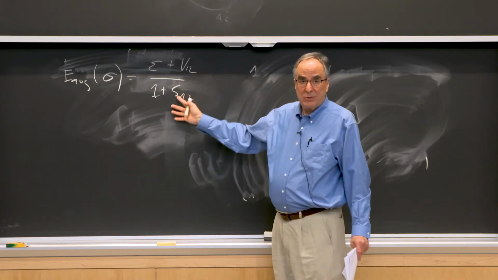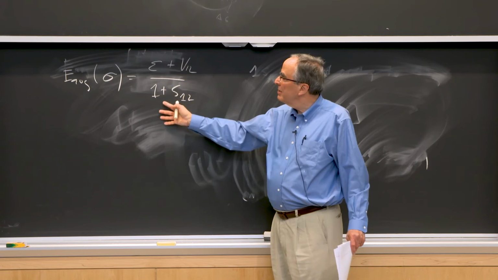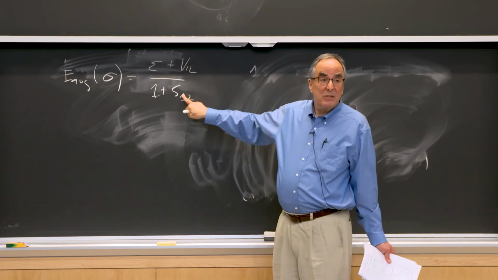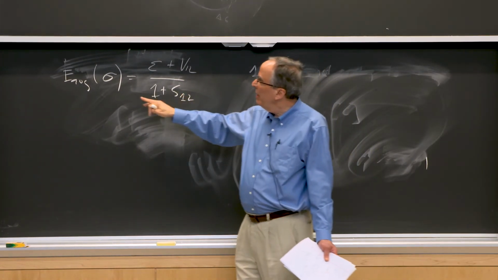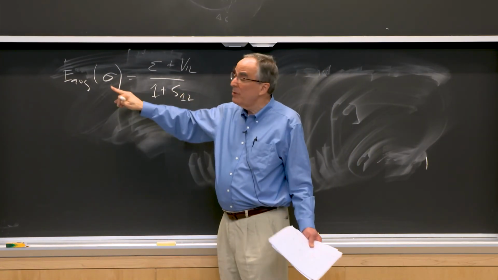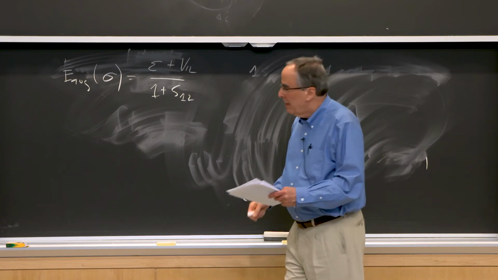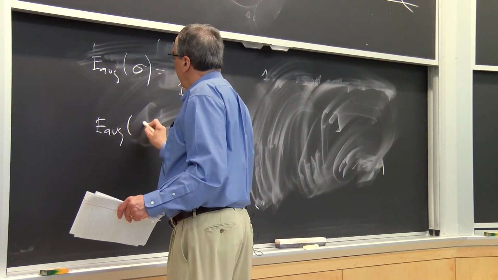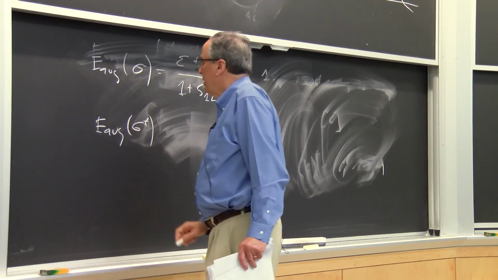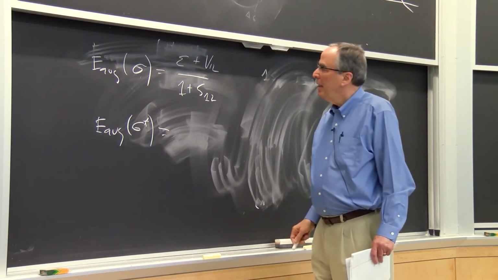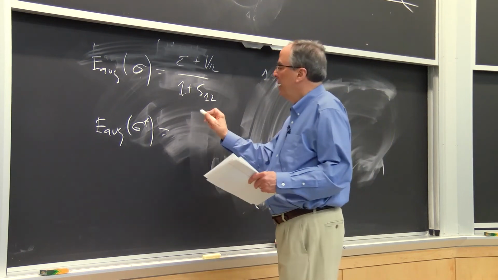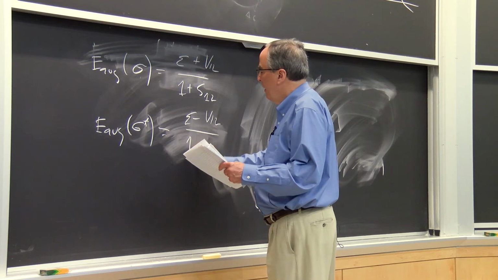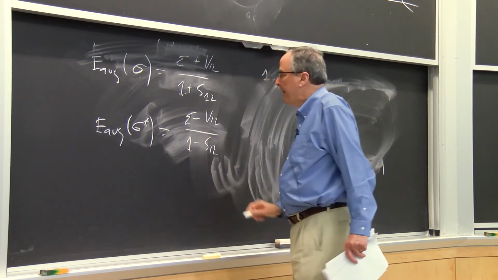These are symbols that we've seen, and this tells us these are functions of R. So we're going to have an energy for the sigma orbital, which is a function of R. And we have another solution, which we're calling sigma star. And that one is epsilon minus V12 over 1 minus S12.